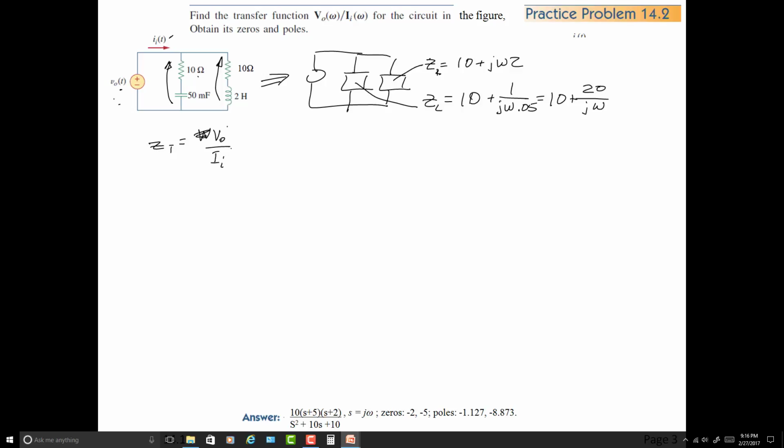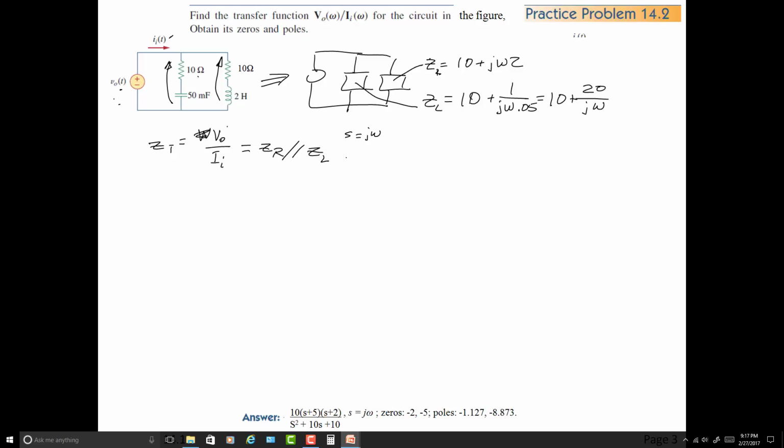So what we want to find is the parallel combination of Z right in parallel with Z left, okay? So I'm going to introduce in a user form here the S term. And so I'm going to substitute S equals J omega.